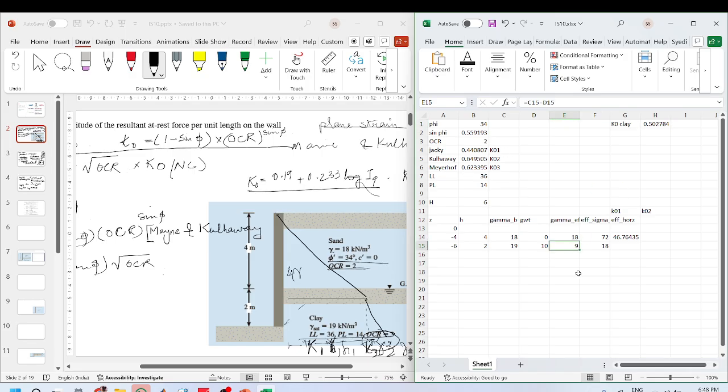Okay, this will be gamma effective. So this K into effective stress, take this as K naught into the effective stress here.